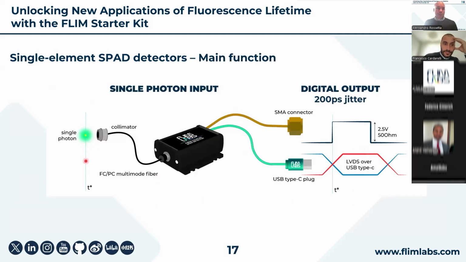Talking about the SPAD, the main function is to detect single photons. For each single photon input, we get a digital output with a jitter of about 200 picoseconds. This makes the detector very flexible because the output is already digital: a single photon comes in and a single digital output comes out.